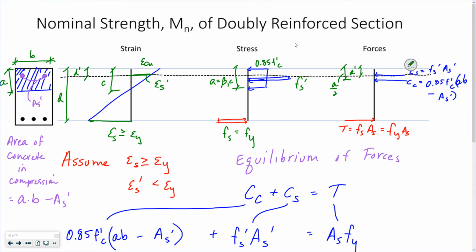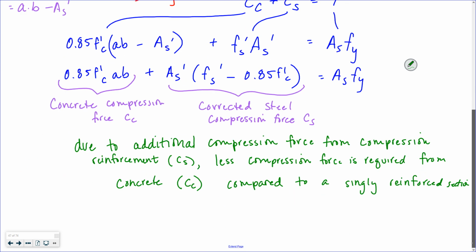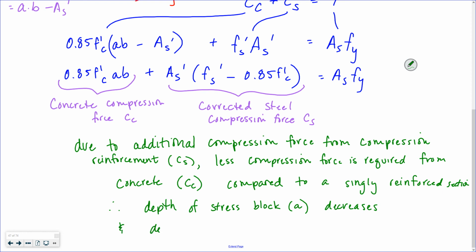If my C sub C goes down, C sub C is based on the depth of that stress block A. I don't need as much of my concrete to be in compression, right? Depth of stress block A decreases, and A is directly related to C. That's my neutral axis.